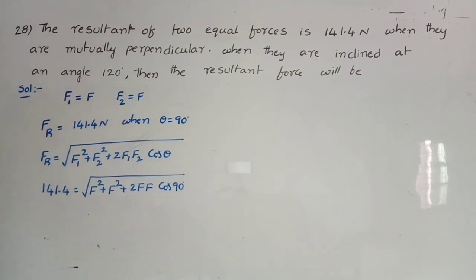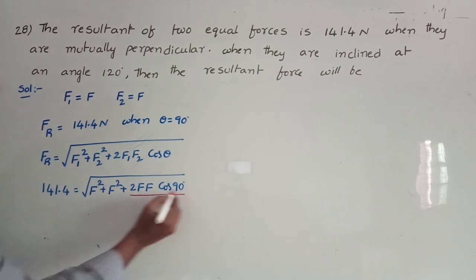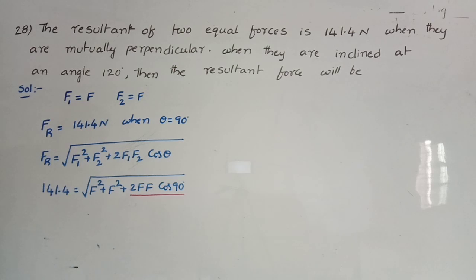But cos 90 degrees is equal to 0. That's why 0 into anything is equal to 0. This term becomes 0. Then 141.4 is equal to under root of F square plus F square, that is under root of 2F square, we can get.